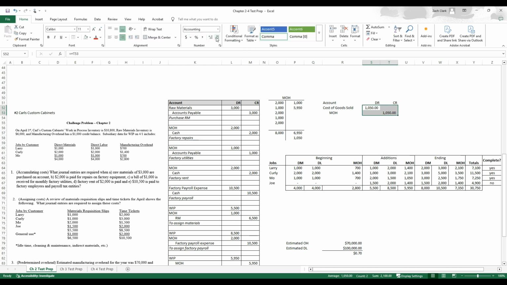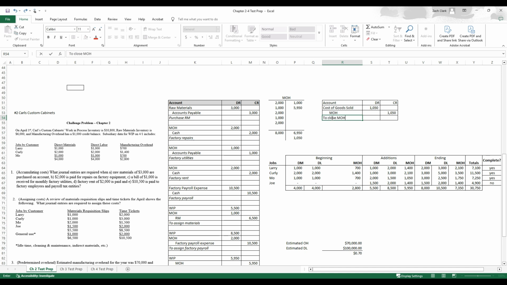So now, if you want to think about the logic here, I think that is helpful to understand when it comes to this whole concept of over or under applied. And just for the heck of it, we'll put a little explanation: to close manufacturing overhead.